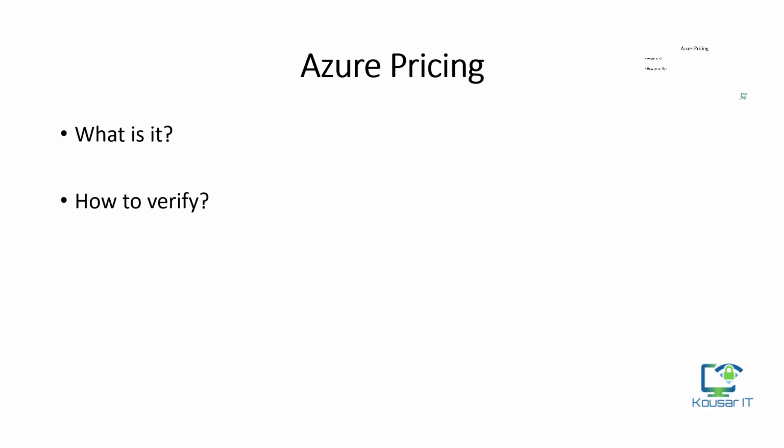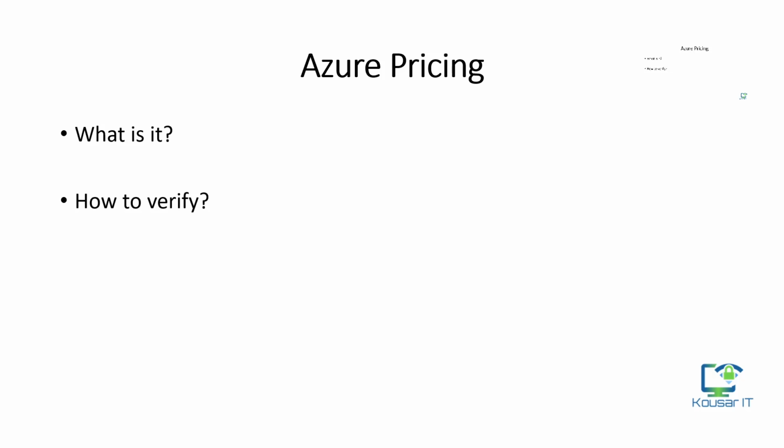Next is Azure pricing. If you want to calculate the price of an Azure product, for example a virtual machine, it's not like you just deploy a virtual machine and get some specific price. It depends on your number of CPU cores, public IP, the disk, the size of the disk.